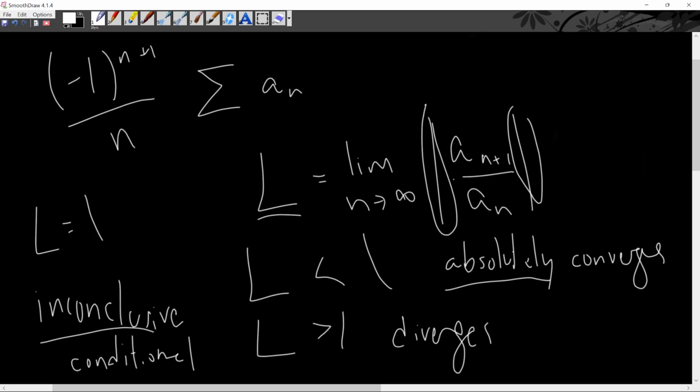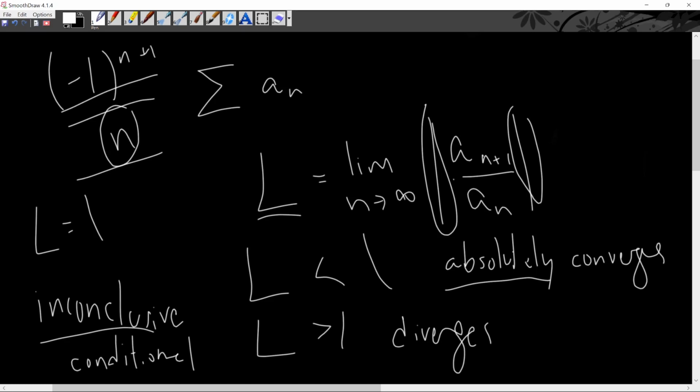It alternates between negative 1 and 1, and it's harmonic, which means that the denominator is incrementing by 1, and this series actually converges. It conditionally converges because every value is less than the value that came before it.